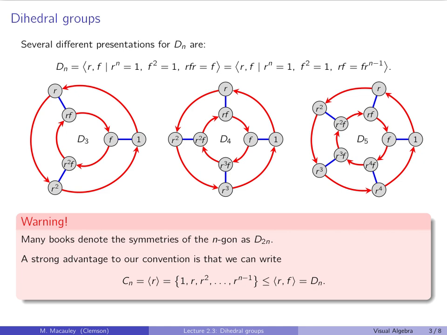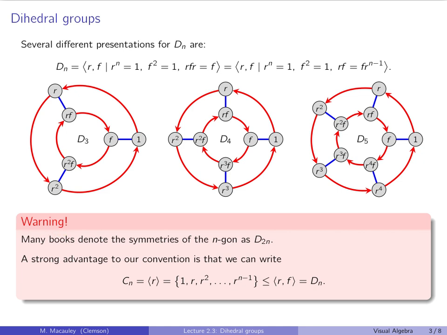Or you could say rf equals f r to the n minus 1. Or you could say rf equals f r inverse. Some people say (rf) squared is the identity. So any of these are fine. In the lecture and presentations, we talked about how this relation actually technically implies this one, which is pretty surprising. But I still like including both of these just to make things easier for the reader.